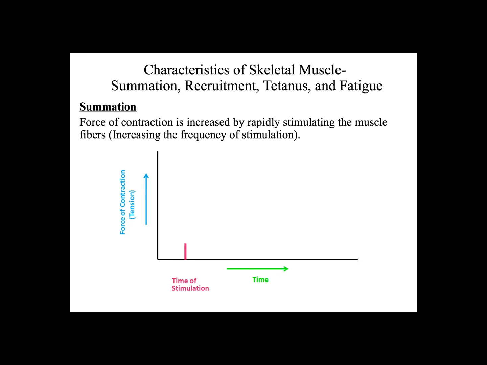So we have seen that if we have a single stimulation, we're going to get a muscle twitch. But what happens if we get multiple stimulations occurring successively, one right after the other? What we end up with are twitches that add upon one another, or summate, because previous twitches are never allowed to fully relax, resulting in an increase in force or strength of contraction.